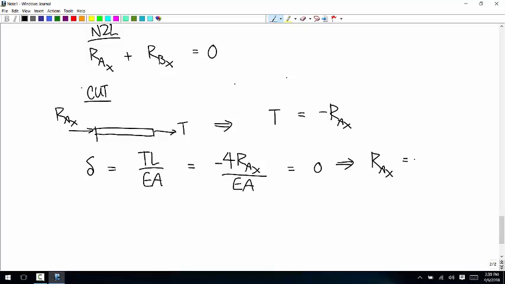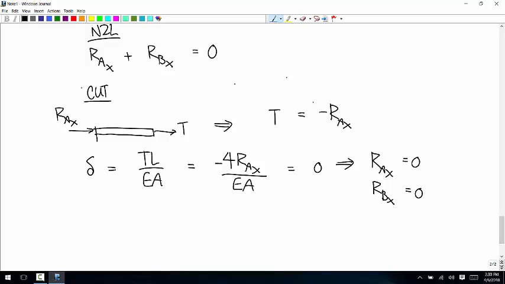So RAX is equal to 0. So RBX is equal to 0. You have a question about that?